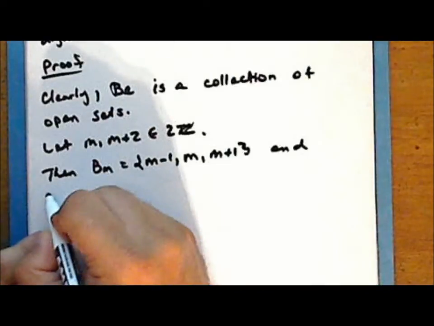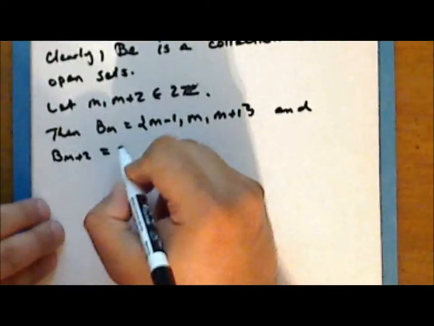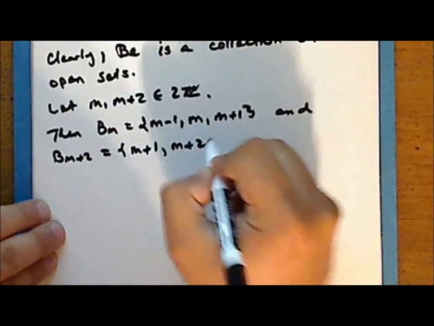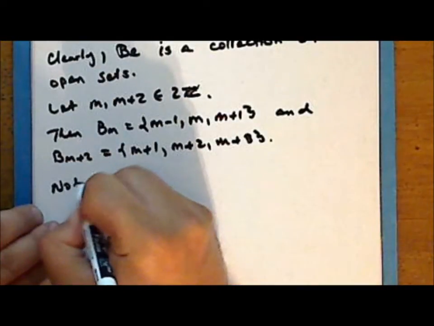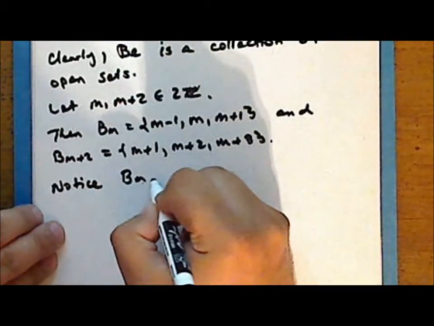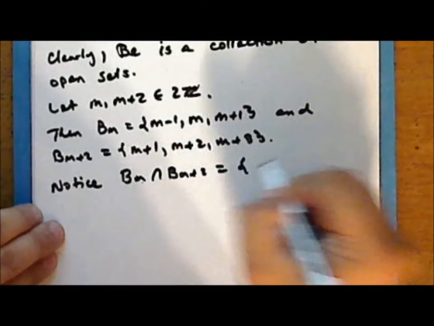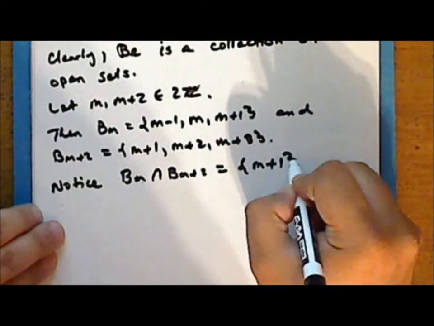And the basis element B sub m plus 2 is the 3-point set m plus 1, m plus 2, m plus 3. So notice that the intersection of these two basis elements is the singleton set containing the odd integer m plus 1.